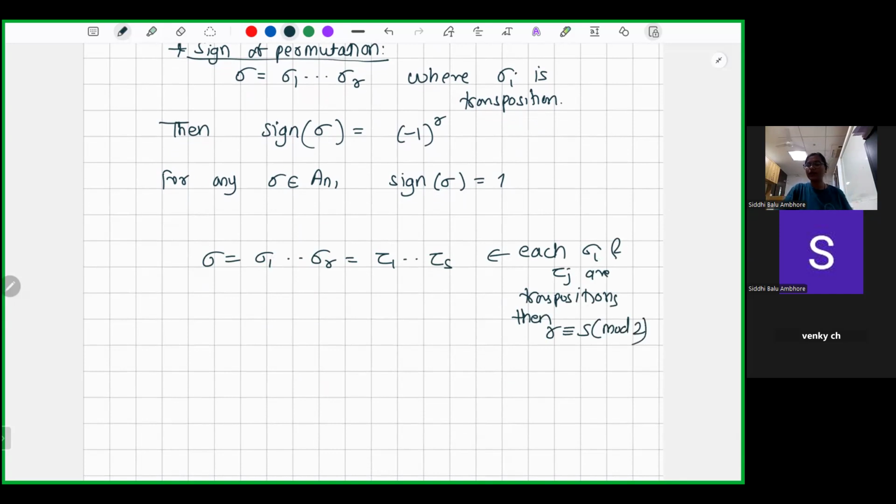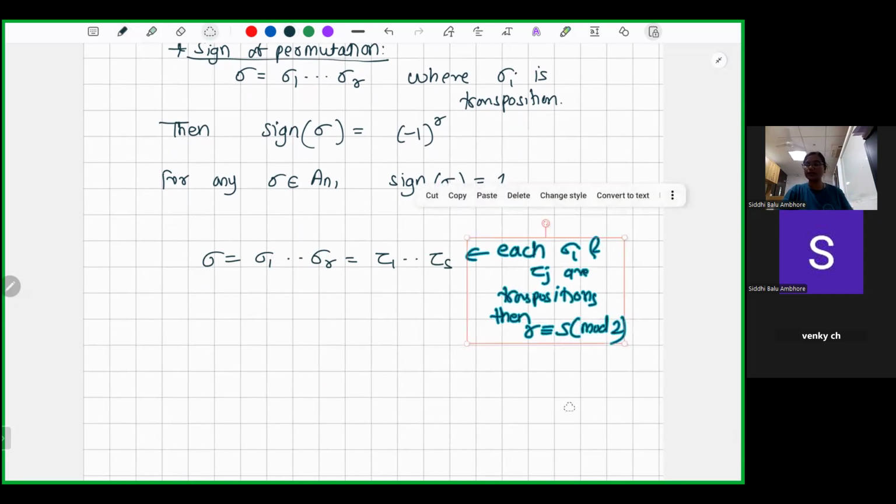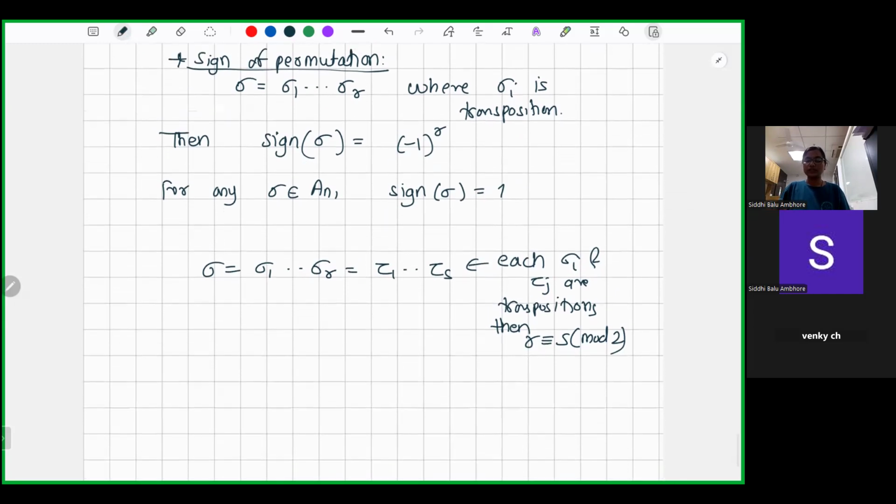So sign is an intrinsic property of a given sigma. It does not change with the way we represent that sigma. The sign always remains the same. So the sign of sigma is -1 to the power r, where r is the number of transpositions required when we represent sigma as a product of transpositions.